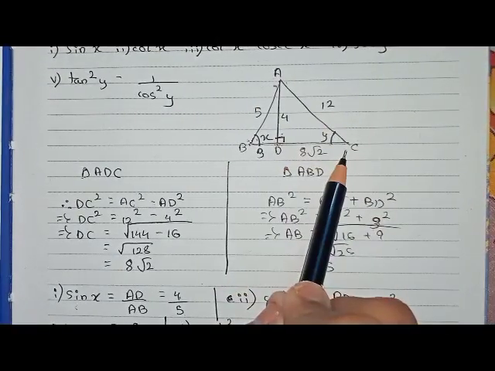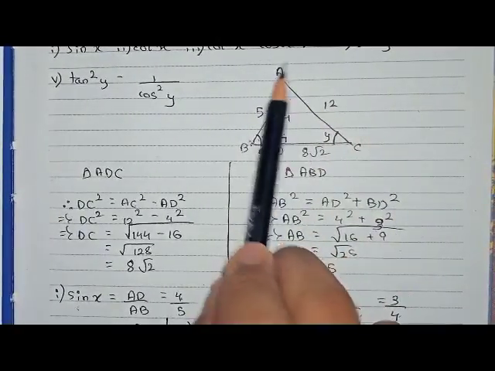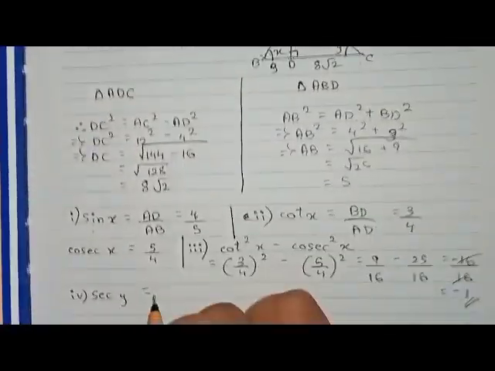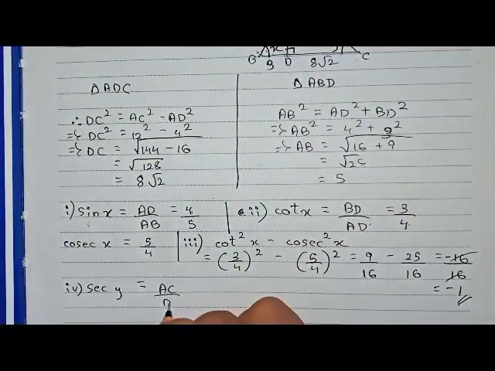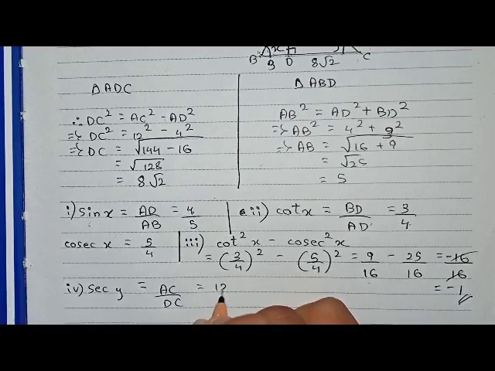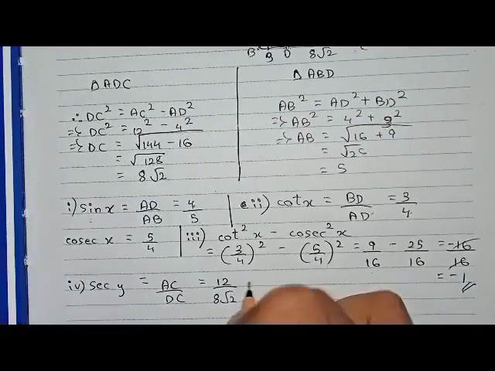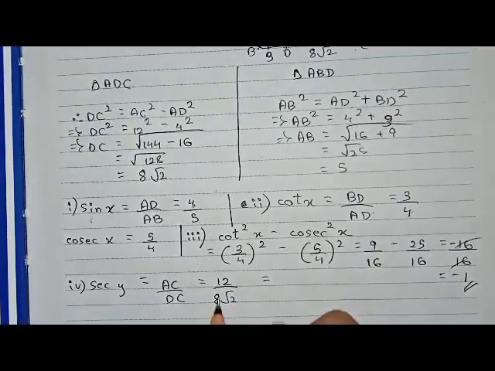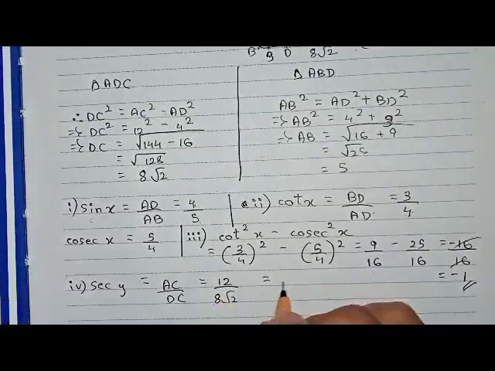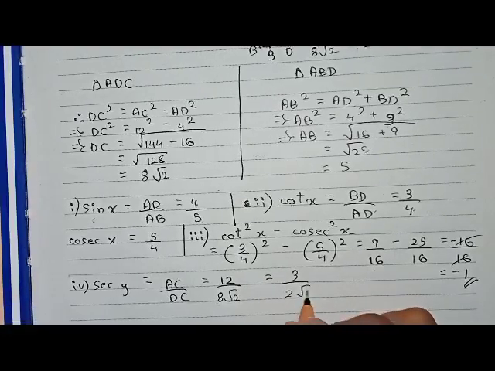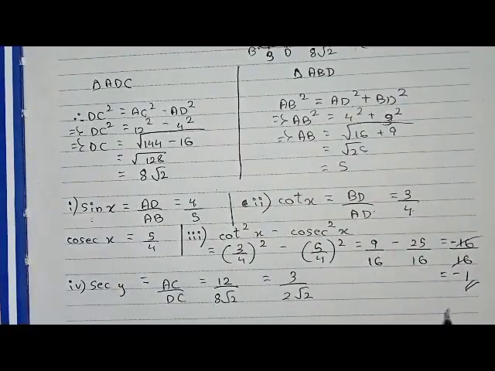Therefore DC will be the base. So hypotenuse by base means AC by DC. That is equal to 12 by 8 root 2. So 12 and 8 we cut by 4. So 3 by 2 root 2. So this is the value of sec y.